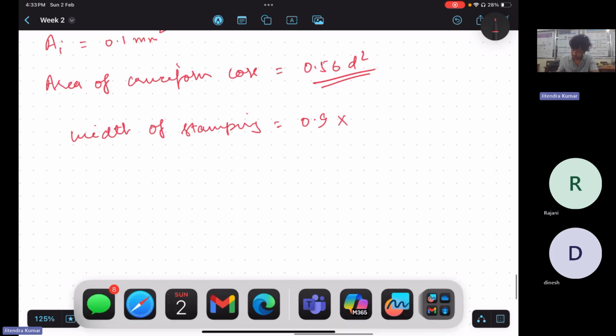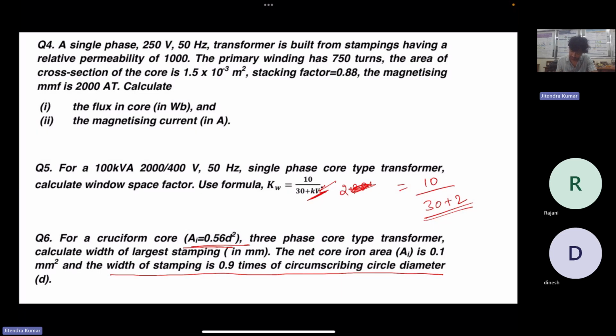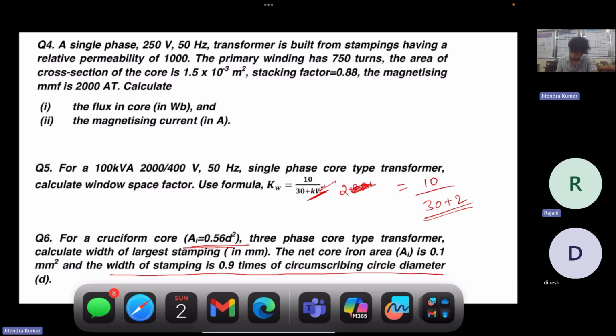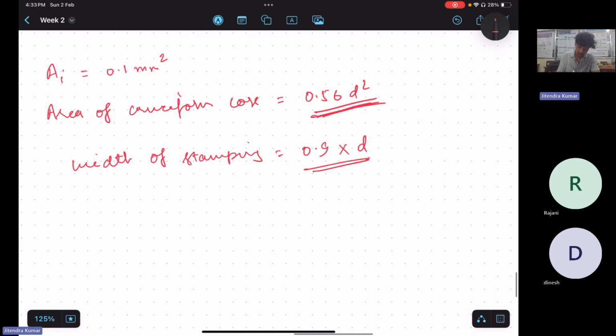So this is the width, this is the area of the cruciform core, this is the area of iron.